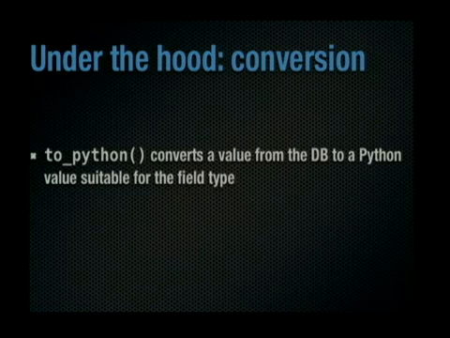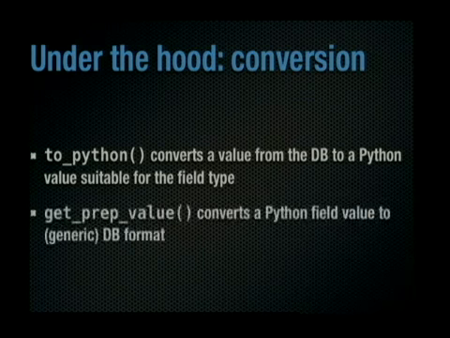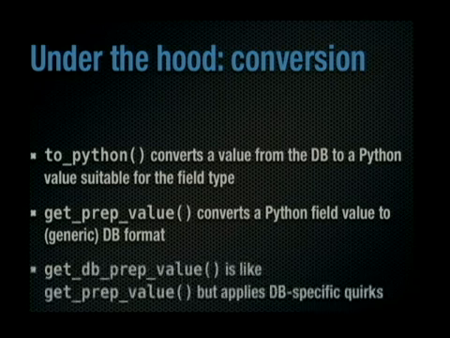Every model field has a method called toPython, which converts a value from your database into the correct Python type. A method called getPrepValue converts the Python field value back to a generic database-ish format. And then another method called getDBPrepValue applies any specific quirks for the database we're going to save it into.